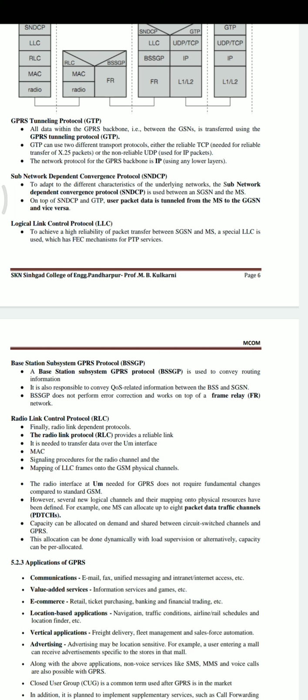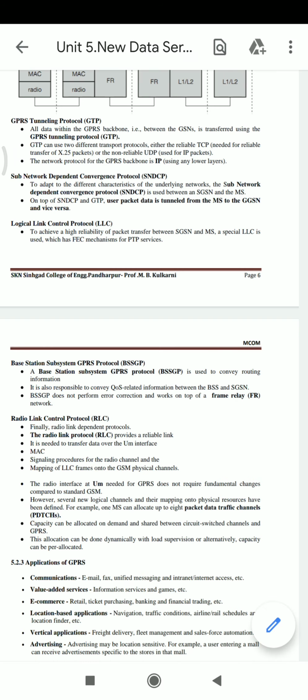Now we will move towards another protocol, that is radio link control protocol. This radio link control protocol is a dependent protocol which depends upon the logical link control protocol. The radio link protocol provides the reliable link for the transmission.